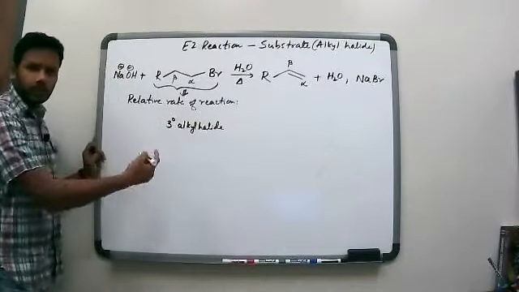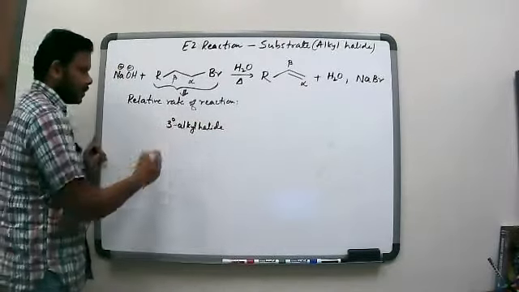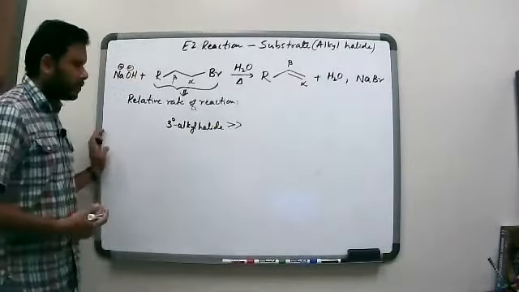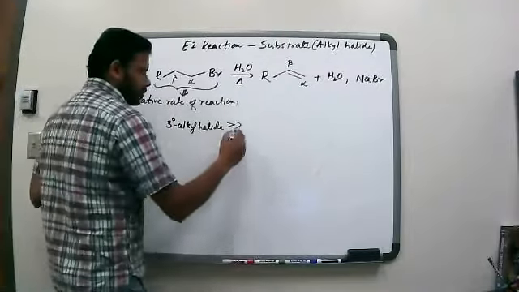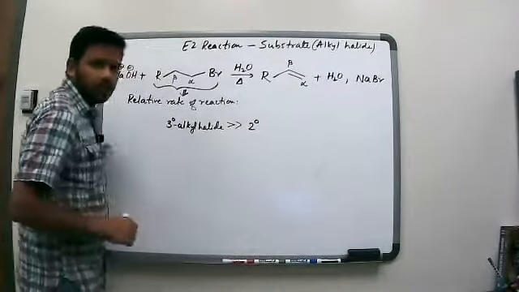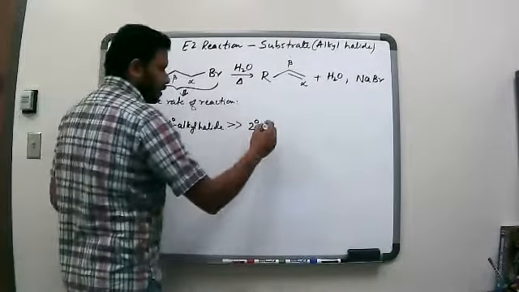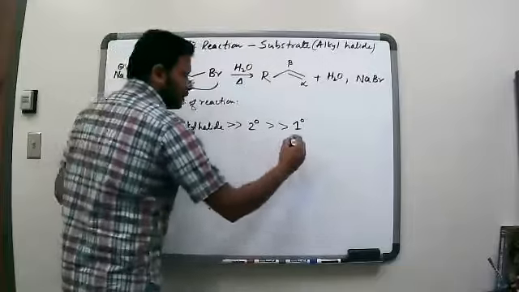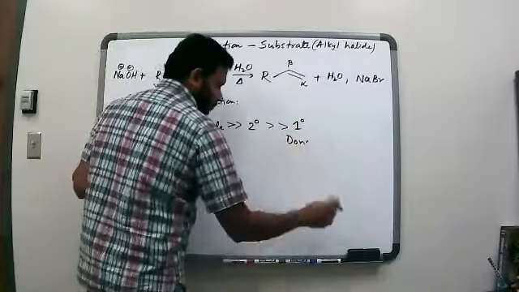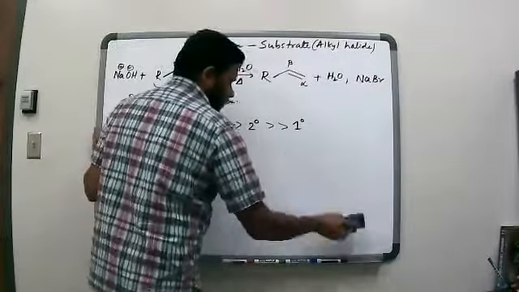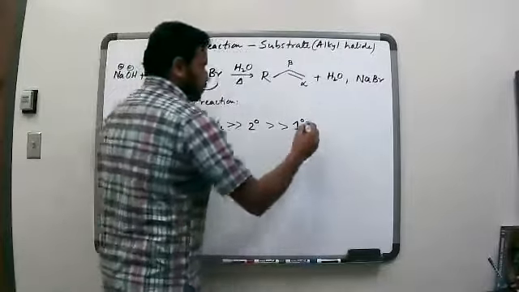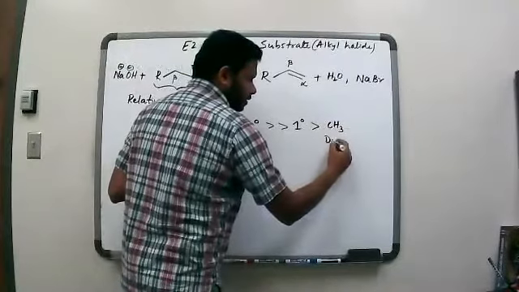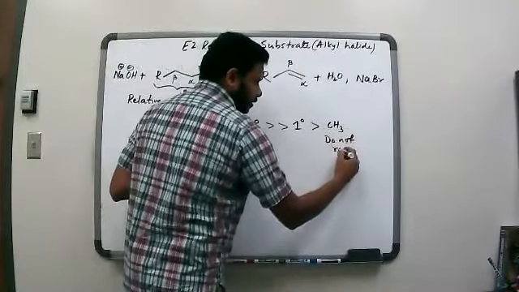We are always going to talk about alkyl halides. Tertiary alkyl halides react the best, they react the fastest, and they are better than secondary alkyl halides, which are greater than primary alkyl halides. And then we have methyl, these do not react.